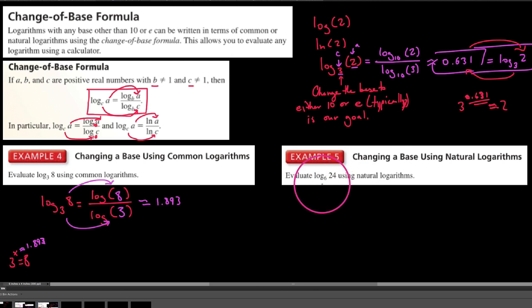So for this second example, all this is asking us to do is to evaluate this but using natural logarithms. So just to show you, you don't have to rewrite every log in terms of common logs. We could also rewrite this in terms of natural logs.